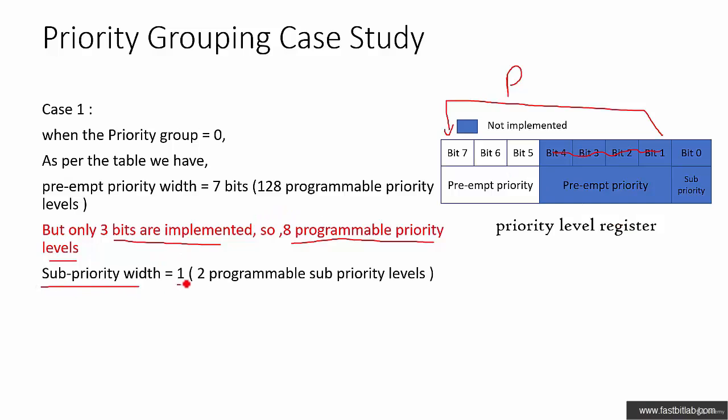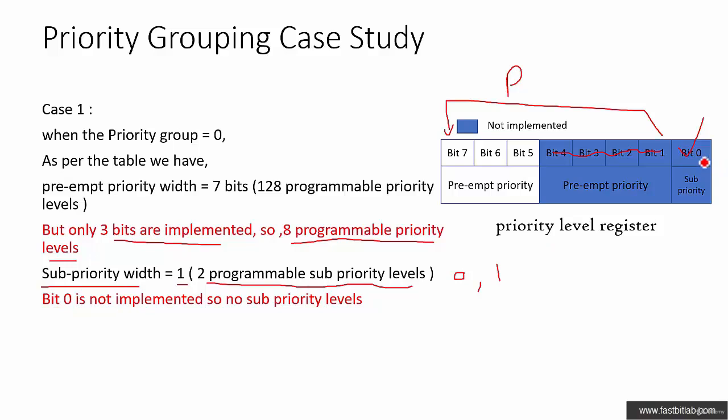Subpriority width is equal to 1. This is the subpriority width. That means 2 programmable subpriority levels, that is 0 or 1. But bit 0 is not implemented, so no subpriority levels. In this case, we have no subpriority levels, only preempt priority levels.